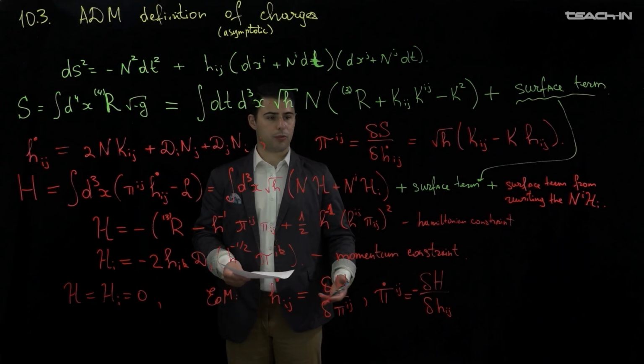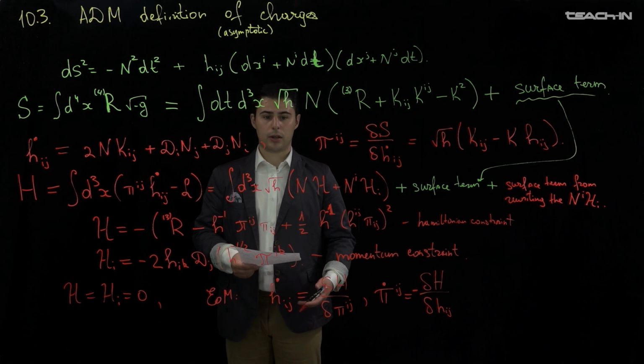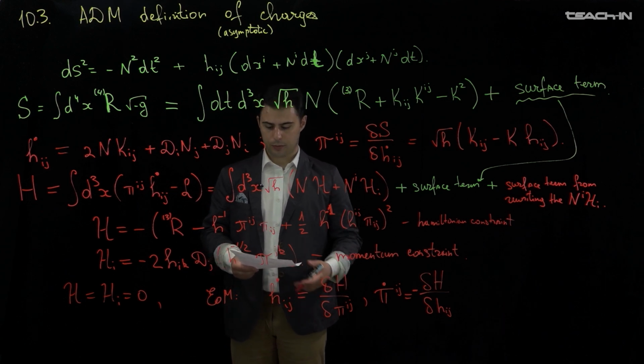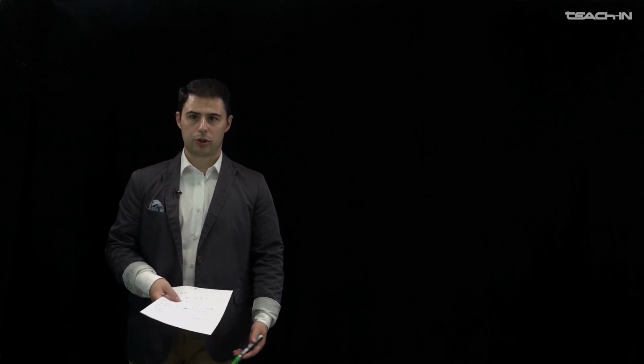So let us simplify their form by taking the chart in the vicinity of the infinity, in the vicinity of the asymptotics. Since we are considering asymptotically flat spacetimes, they would look like Minkowski at the infinity, and we can introduce the adapted chart.